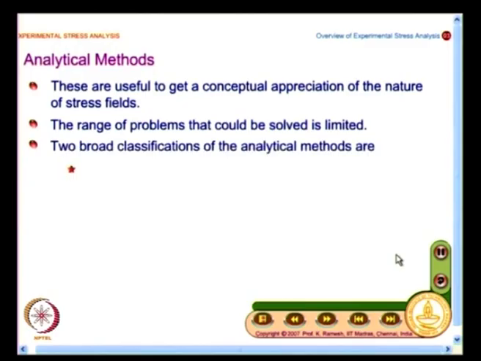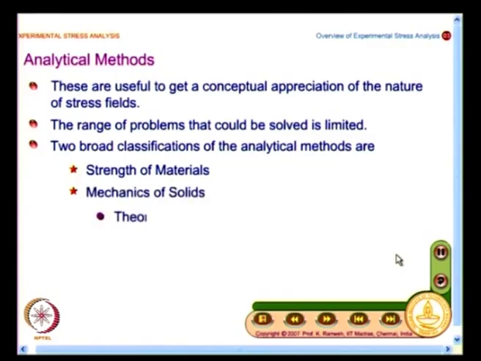The broad classification of the analytical methods, we call them strength of materials and mechanics of solids. And in mechanics of solids, you could classify that as theory of elasticity and theory of plasticity. They are very useful in getting a conceptual appreciation of the nature of stress fields, but the range of problems that could be solved is limited.